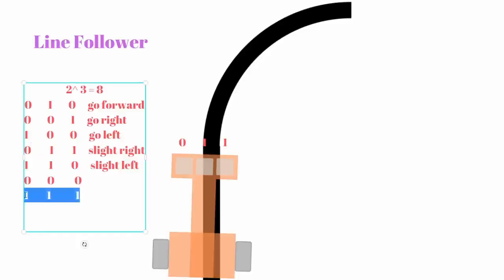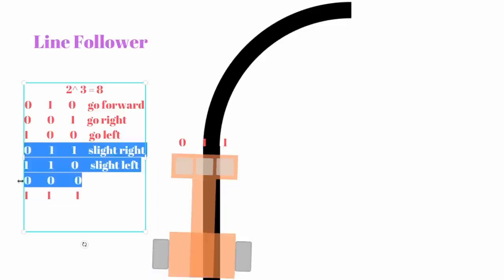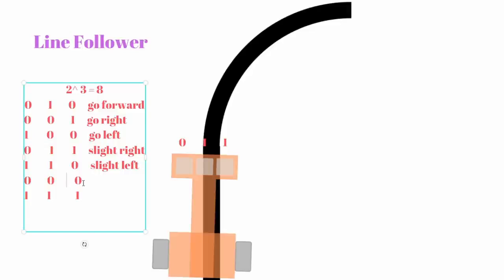For example, 1, 1, 1, maybe it's not possible, and 0, 0, 0, maybe it's not possible if it doesn't go out. But in some cases they can be possible. So we can write, for example, stop and stop for these cases. So we now have 7 cases, and the last one is 1, 0 and 1.